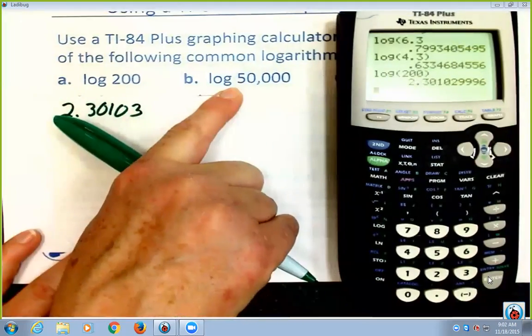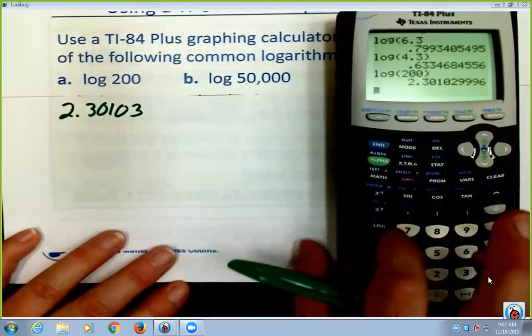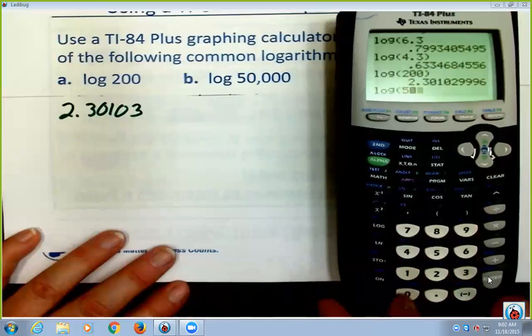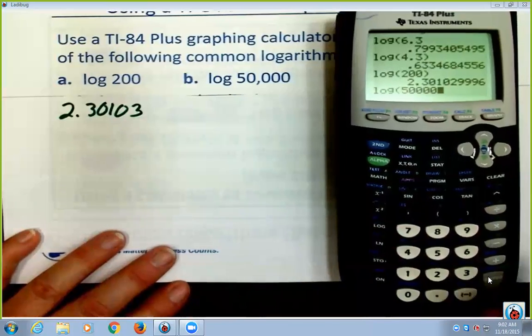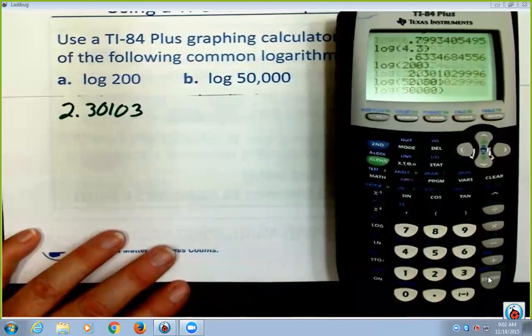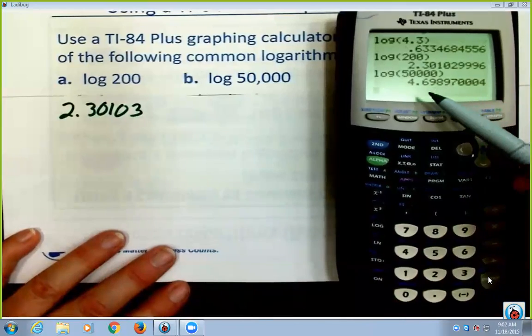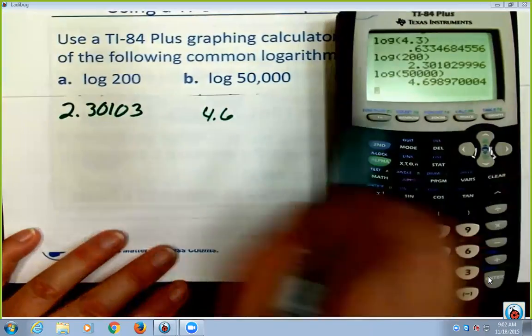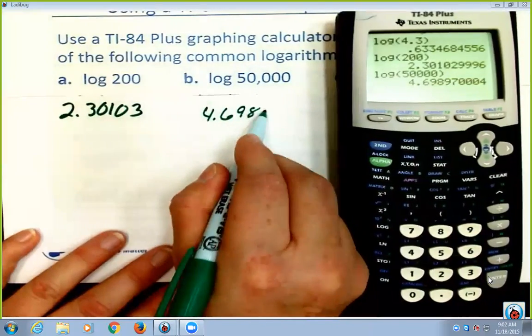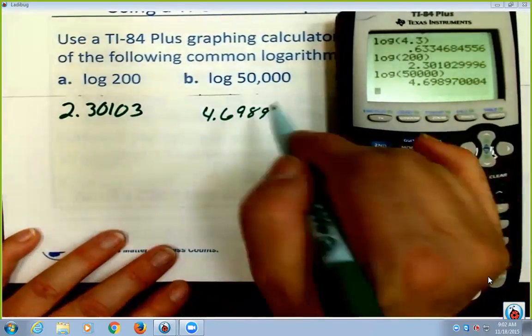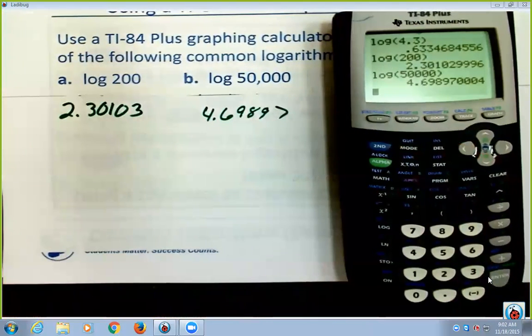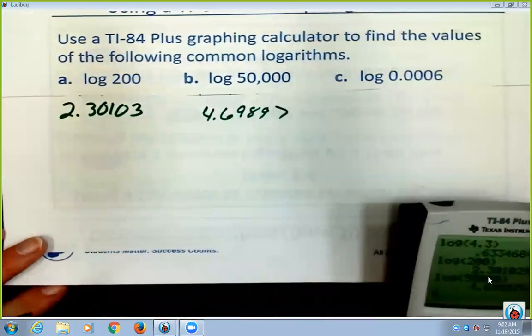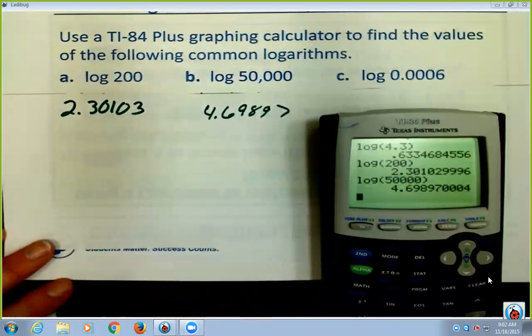So what happens with this guy? So log 50,000, parenthesis, hit enter, round to 5 decimal places if it's asking for that. So 4.6989, the 0 is not going to change to 7. So I stick a 7 in and I'm good to go. And then finally the last one, same thing.